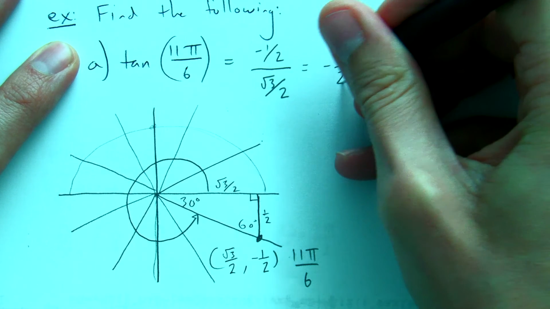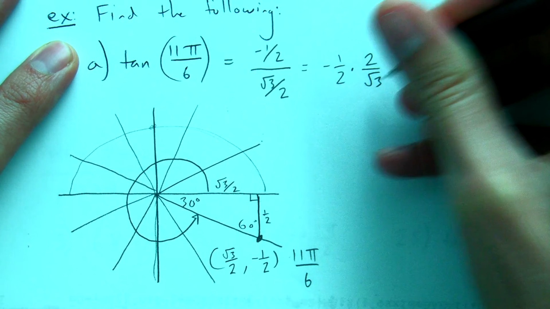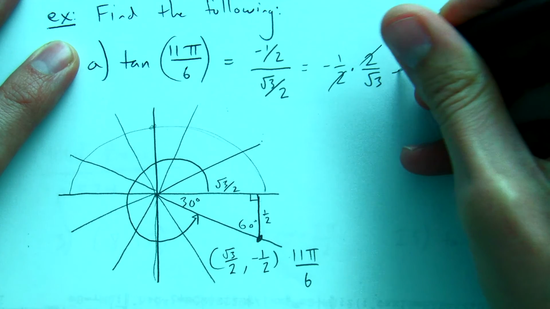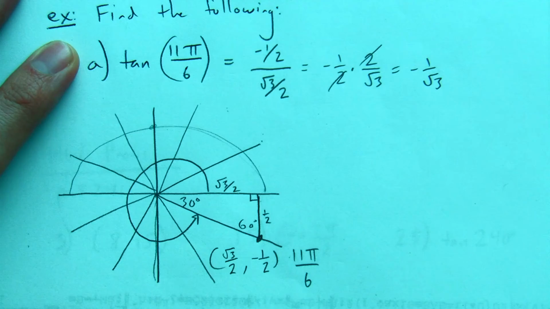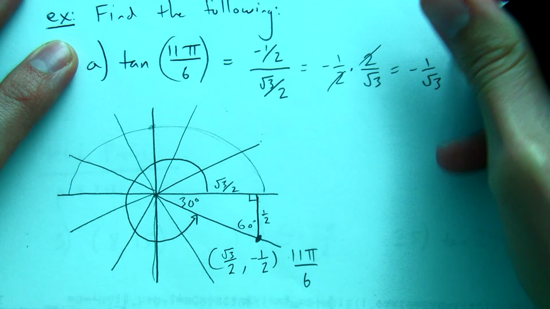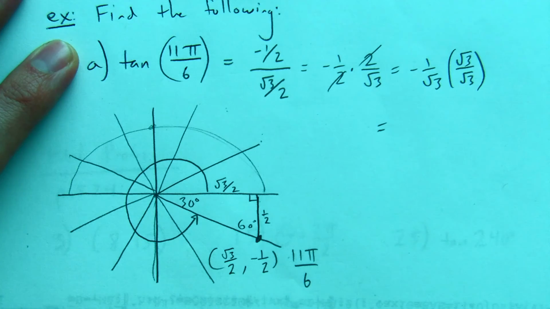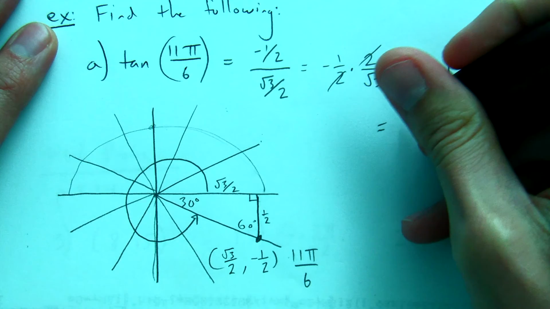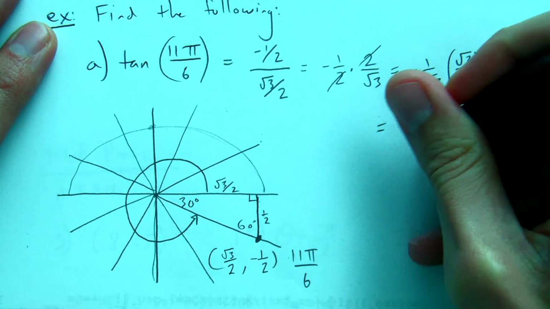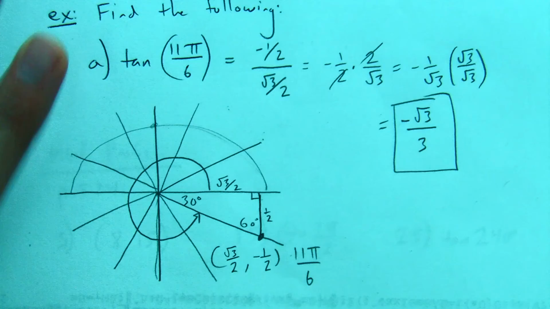Negative 1/2 times 2 over √3. My 2's cancel. And I get negative 1 over √3, which, hooray! Now I get to rationalize. √3 over √3. So my final answer for tangent of 11 pi over 6 is negative √3 over 3. Yes.